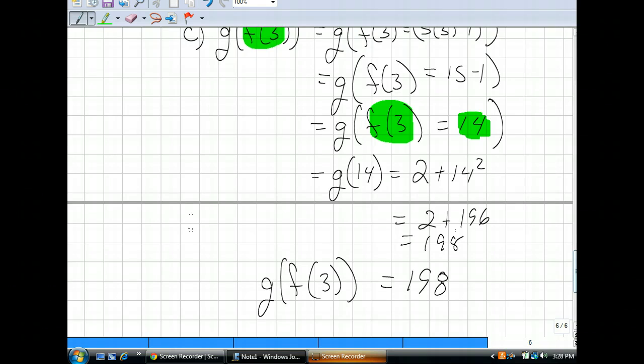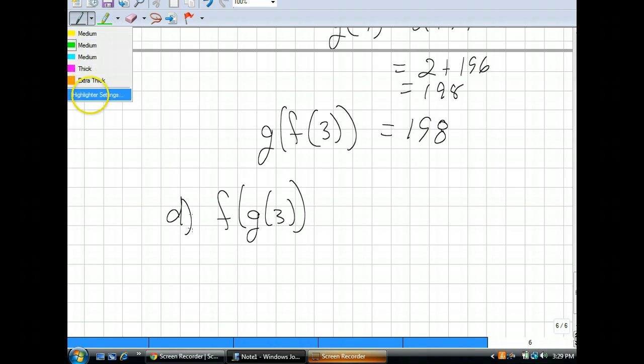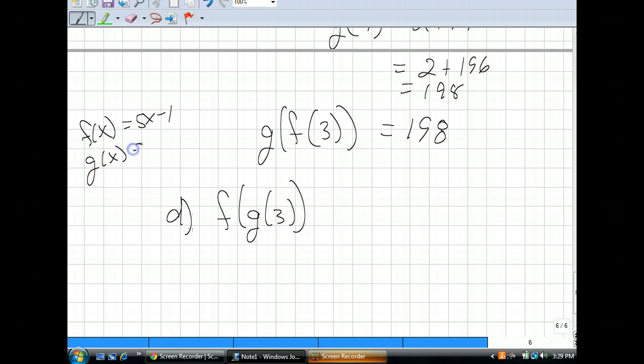Now notice that if I go the other direction, let's do f of g of 3. Okay? Let me write the functions here again because we can't see them. F of x was 5x minus 1, and g of x, remember this is another way to write function notation, is 2 plus x squared. So this one says, start with the g function and find its value at 3.